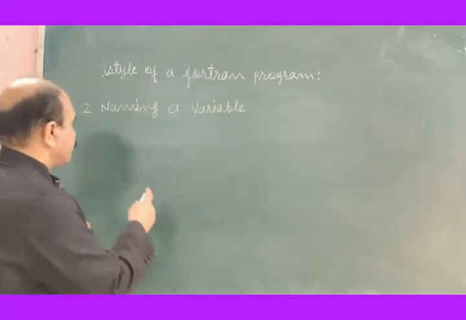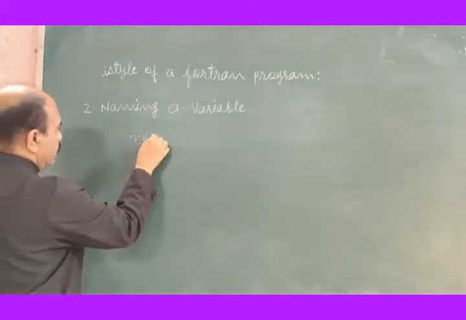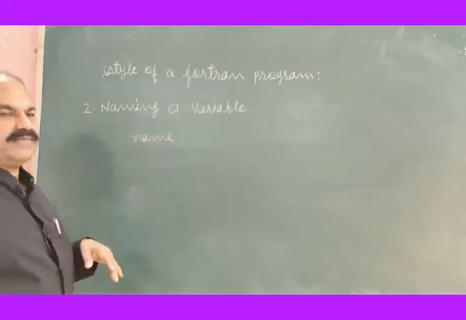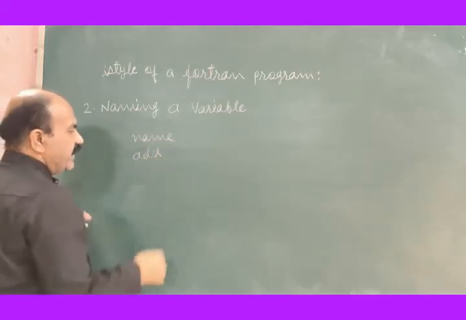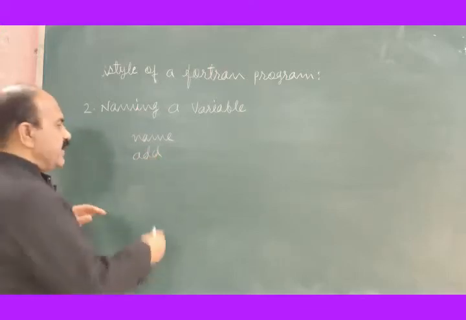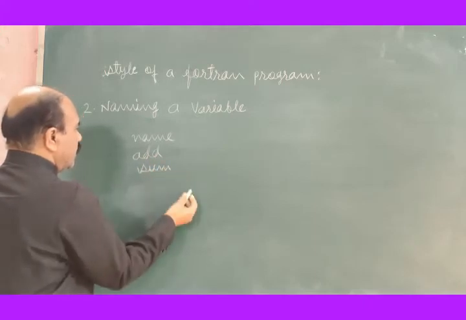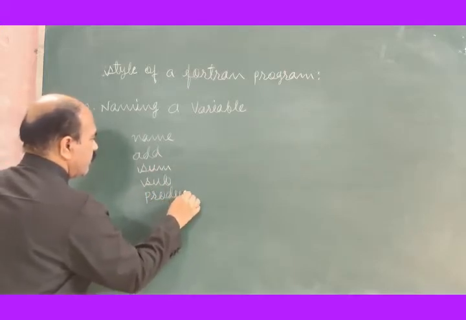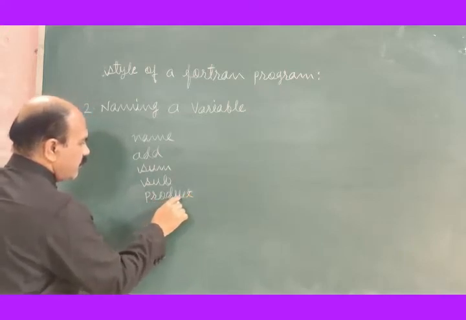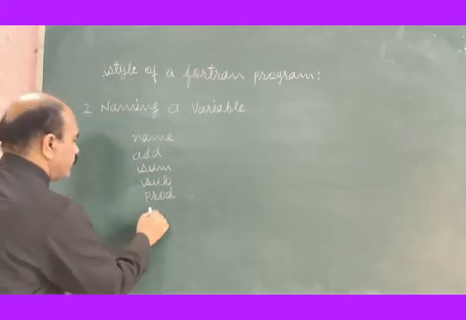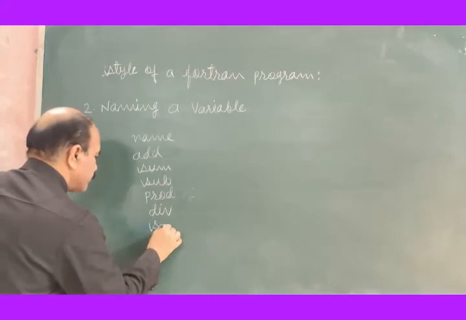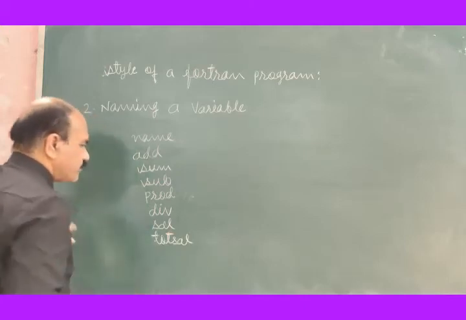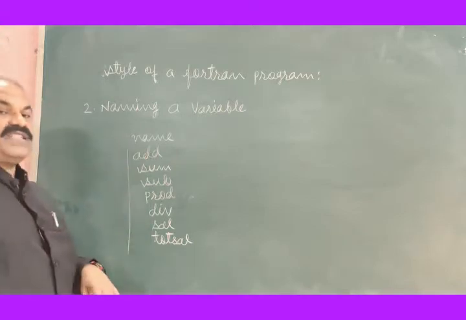For example, if I write simply this way, name, I may not have any idea about the variable, but if I write the name of the variable as this one, or this one, or this one, these are the meaningful names.